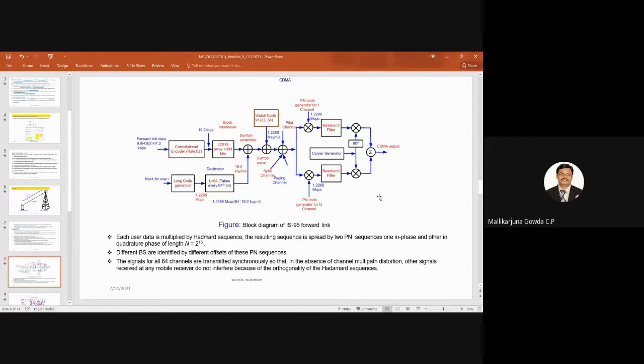Looking at this block diagram, is it possible to say that you have already studied some blocks and you are using those blocks here? You have some idea about some concepts. So with that, let me try to understand how this IS-95 downlink has been designed.